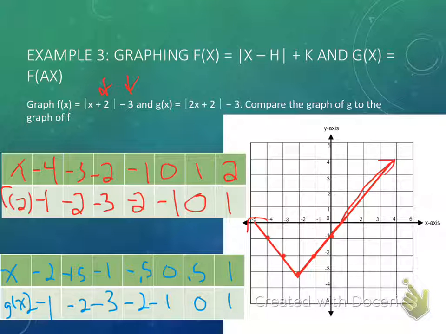-2, -1, I'm going to go -1, -3, how about 0, -1, and 1, 1.